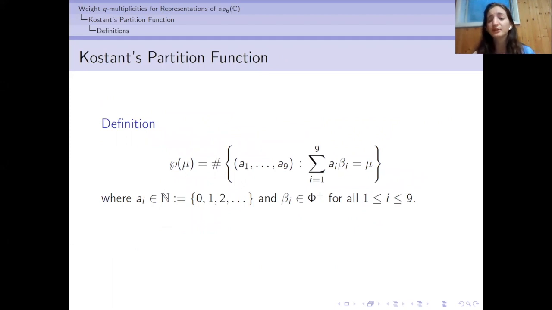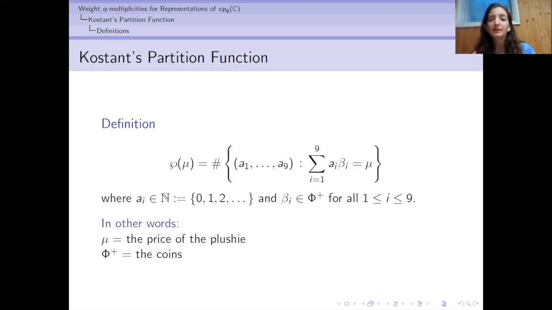So then now we can define Kostant's partition function. Kostant's partition function takes in a weight mu, a vector mu, and it tells us how many ways we can write mu as a linear combination of the positive roots, betas. And it's specifically a non-negative integral linear combination. What that means is that the coefficients of the linear combination have to be non-negative integers.